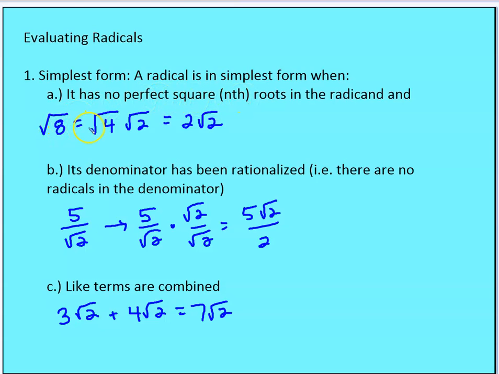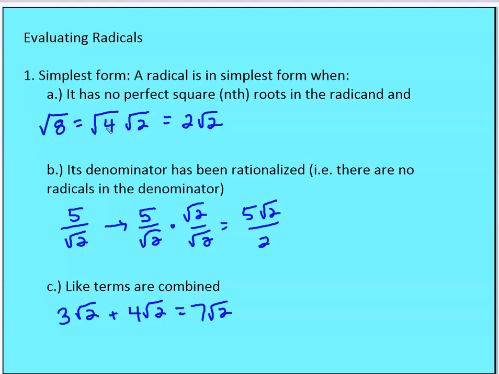So if I have the square root of 8, I can separate, using the properties of radicals, into its factors, one of which is a perfect square of 4. I can take the square root of that value and I end up with an integer value. So where I can represent the square root of some value as an integer, that's the way that I want to represent it. So the square root of 8 is equal to the square root of 4 times the square root of 2. It's 2 root 2.